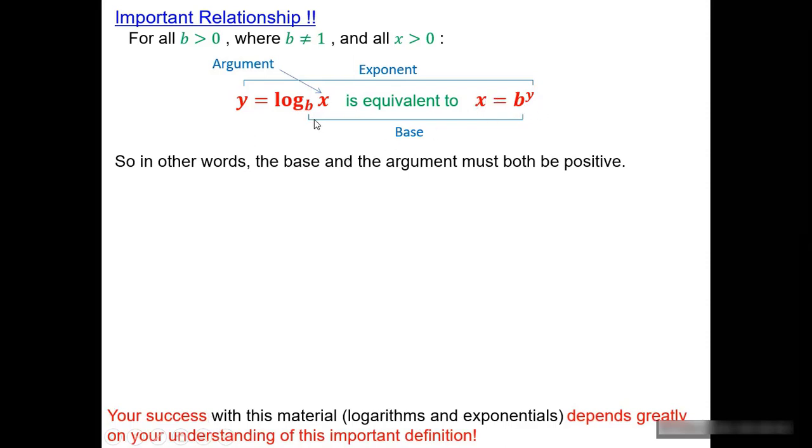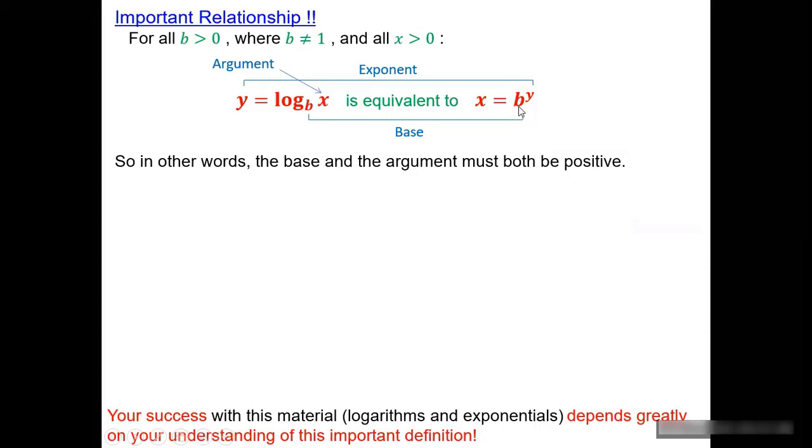So recognize here that the base and the argument must both be positive. But let's think about why the argument, the x value, has to be positive. Why does the quantity inside of a logarithm need to be positive? Well, remember how exponentials work.